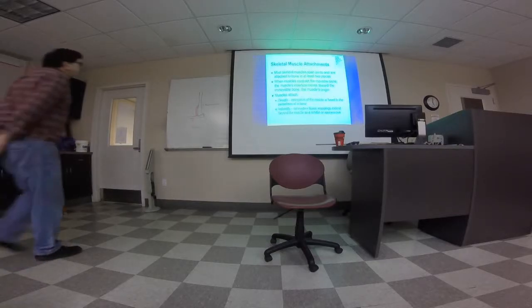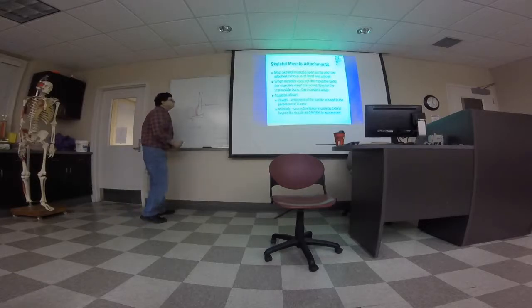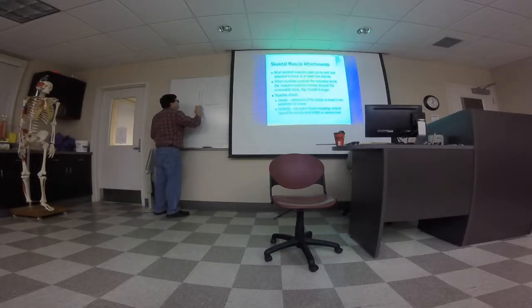Now, this is an example, by the way, of an indirect attachment. What do I mean by indirect? Well, this muscle actually ends like this, and its tendon is what attaches to the bone on both sides.